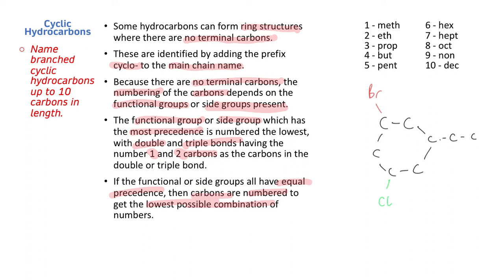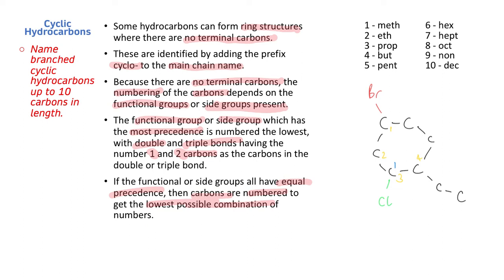Let's move this ethyl group here to make this a better example. Which way should I number it? One of those two halides is going to have to be number 1. Should number 1 be on the chlorine or on the bromine? If you said that number 1 should be on the bromine because you can number it better going this way, then you are correct.